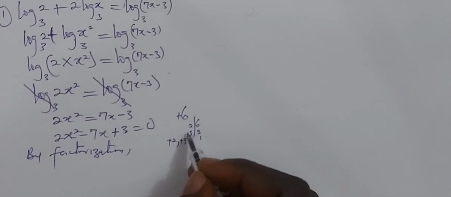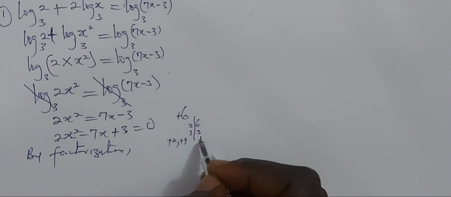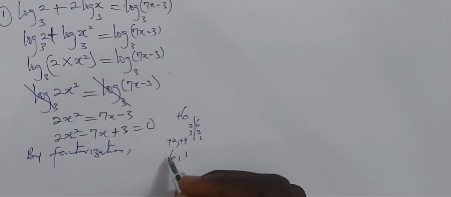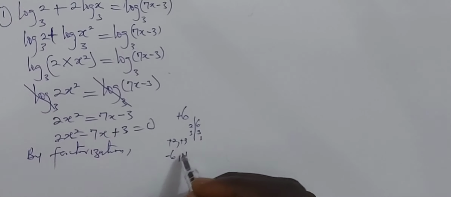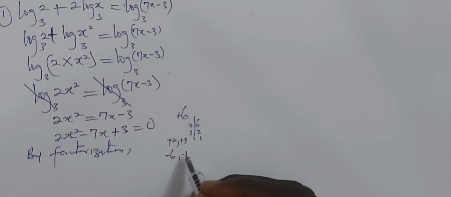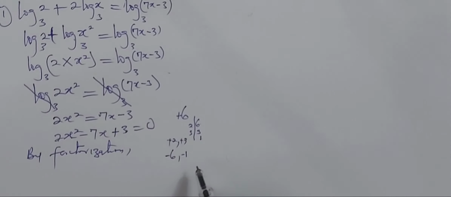So in that case, these factors cannot go. So we use 6 and 1 itself. You change the sign. Here you put negative, since we are looking for negative here, and also put negative here, because negative times negative will give you plus. 1 times 6 will give you 6, and everything is solved.